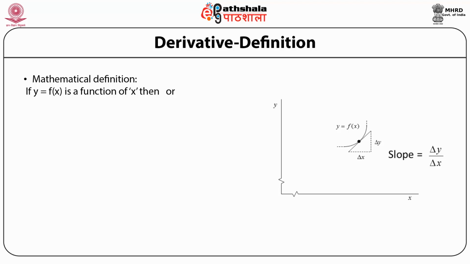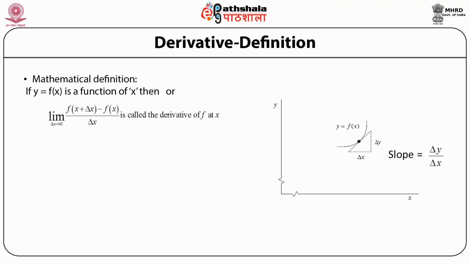If y represents the value of the function f of x, then the limit as delta x tends to 0, meaning we measure it so small, in increments, of f of x plus delta x minus f of x over the length delta x, is called the derivative function of f at the point x.